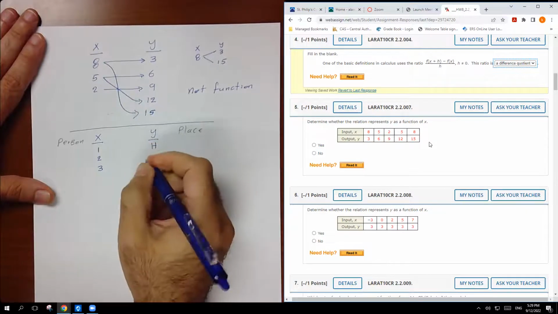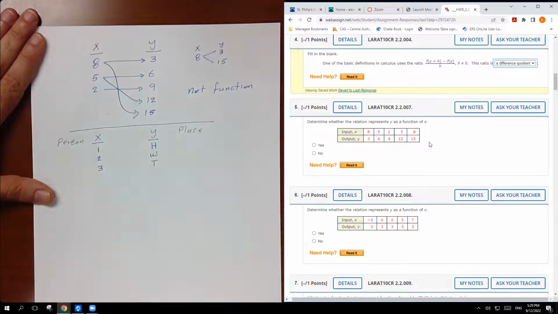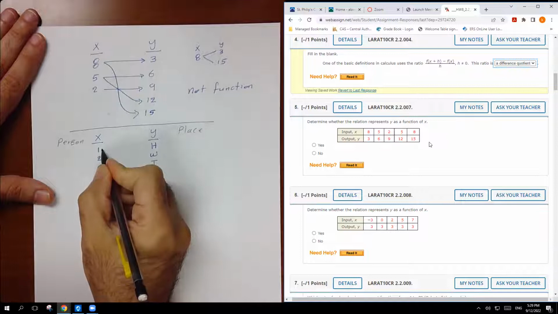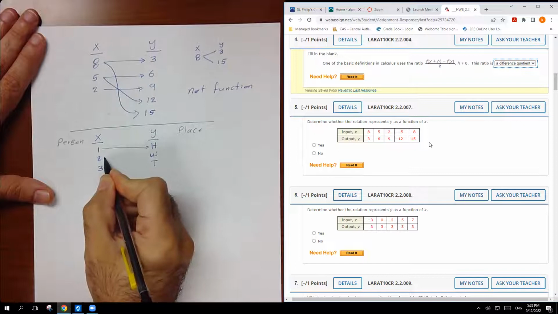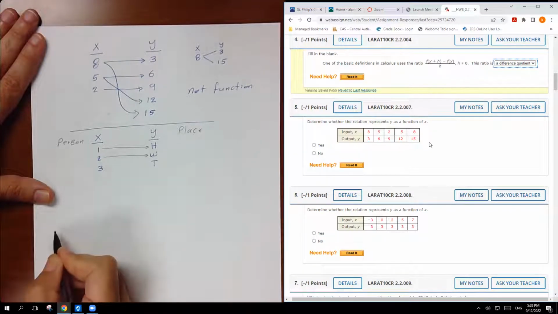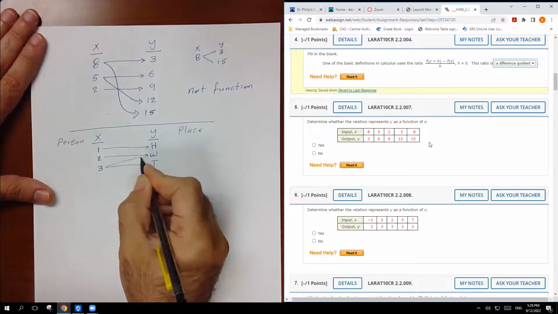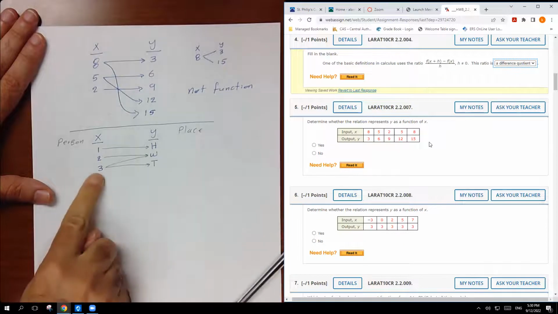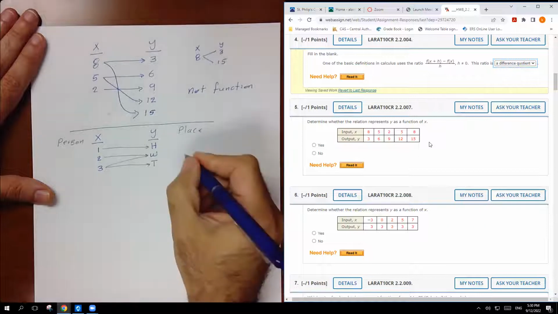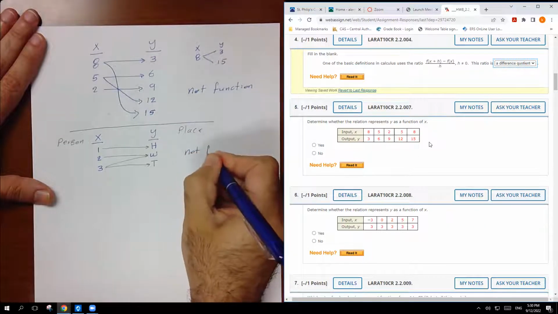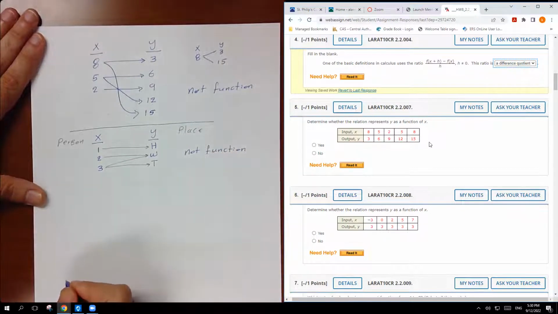Let's say this is Home Depot, this is Walmart, this is Target. Person number 1 goes to Home Depot. Person number 2 goes to Walmart. Person number 3 goes to Target and goes to Walmart. In this case, one person is going to 2 places. So that means this is not a function, because one person can't go to 2 places at the same time.